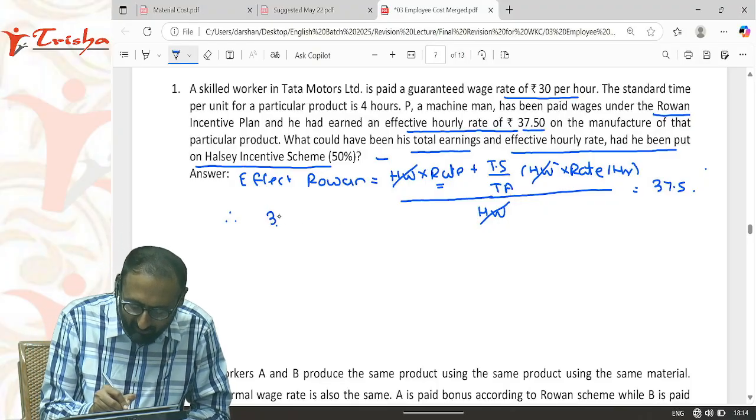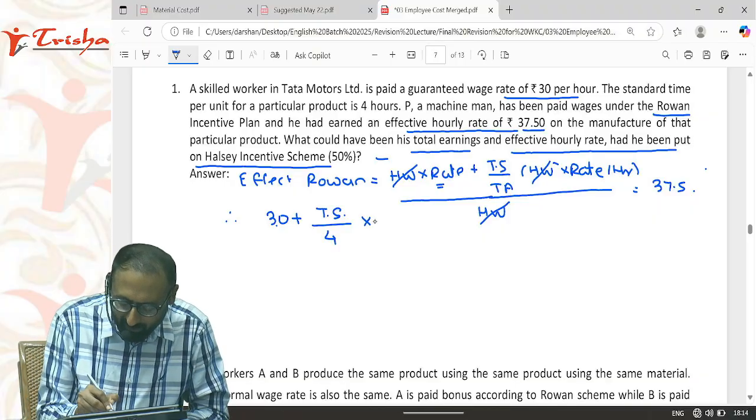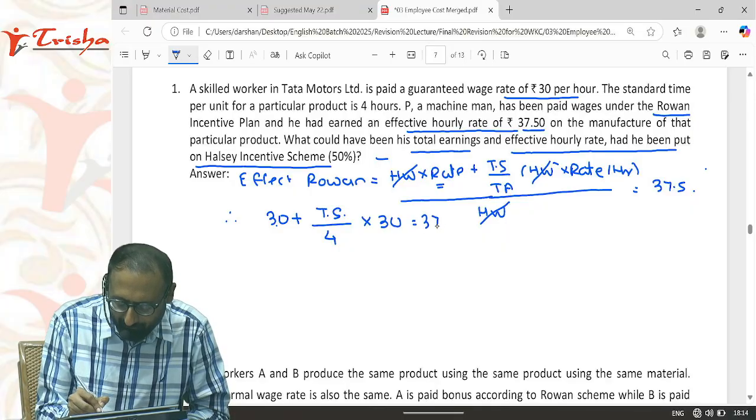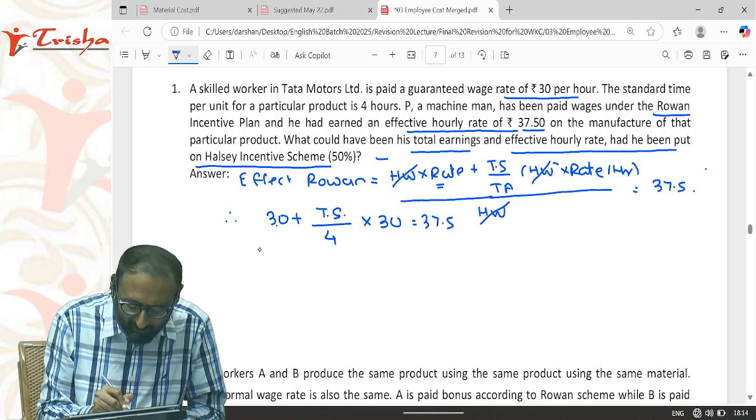So you can check: 30 plus, we don't know time saved, but we know time allowed is 4 hours, multiplied by basic rate per hour 30, is equal to 37.5. Now shift that 30 to the right-hand side. Immediately you can calculate time saved into 7.5.